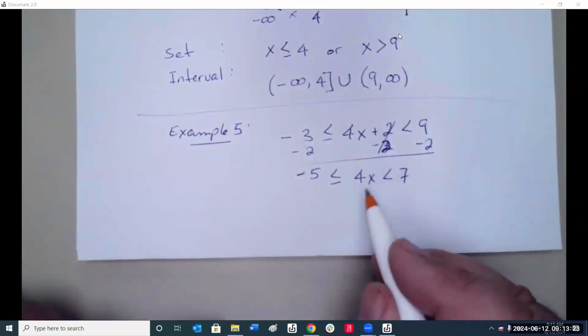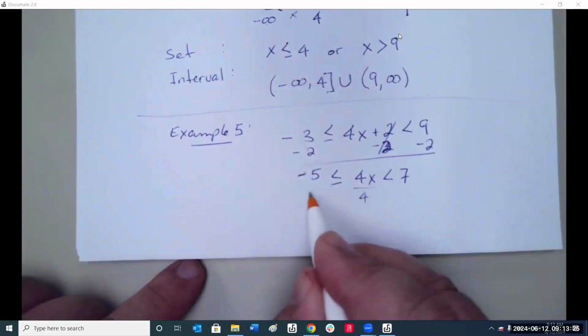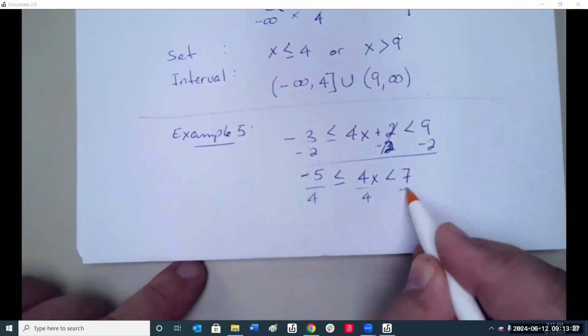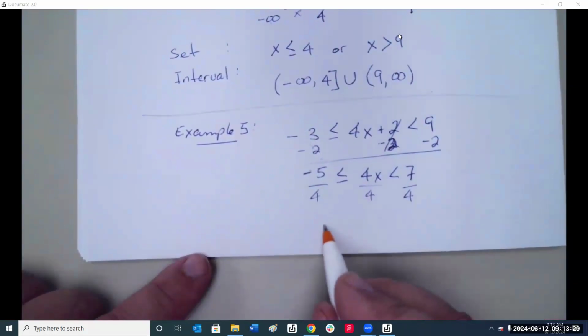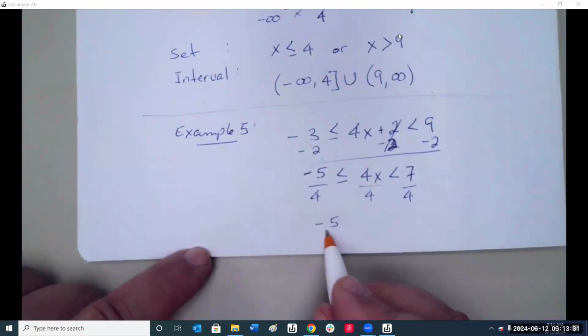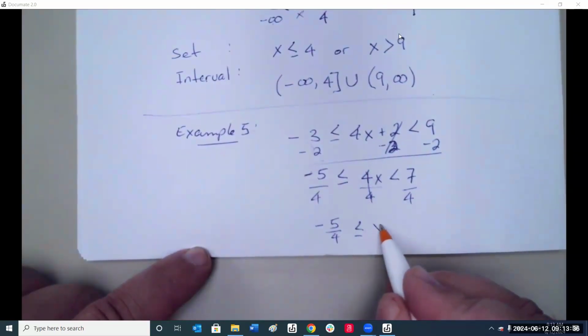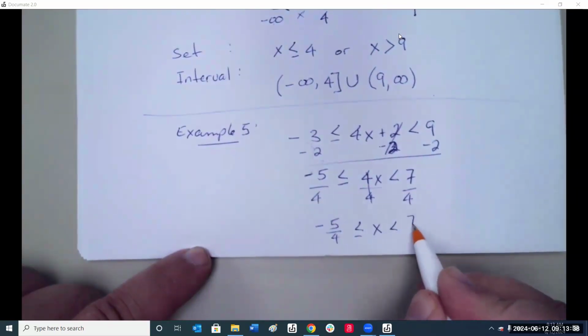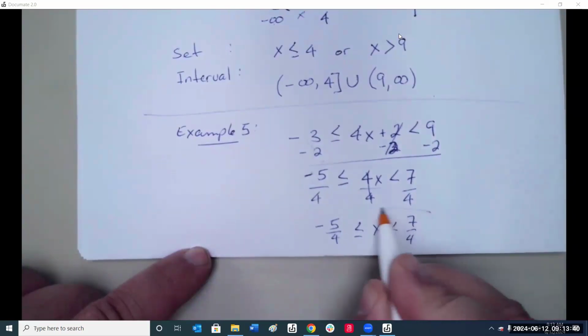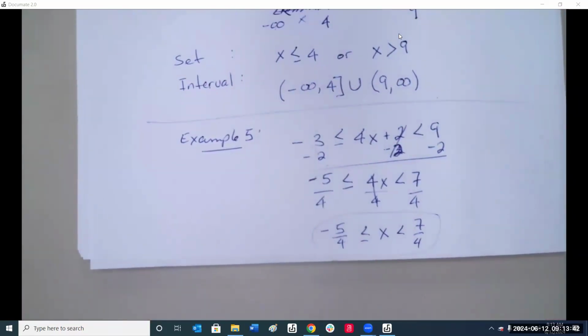So now we divide all terms by 4. So we got negative 5 over 4 less than or equal to x is less than 7 over 4. And there's your answer. The only thing different from what we've been doing is you do it to two different sides now instead of just one side.